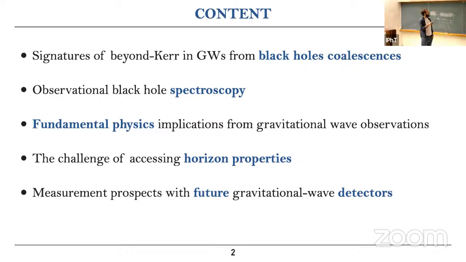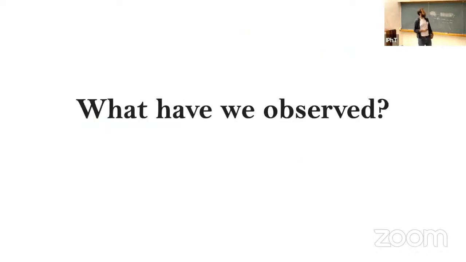And then the last part of the talk hopefully will be more connected to what's being discussed here, which is: we observe quasi-normal modes and we observe these signals, but what can we say about the horizons? Because that's what we actually care about. And finally, I will discuss briefly the prospects of measurements with future gravitational wave detectors.